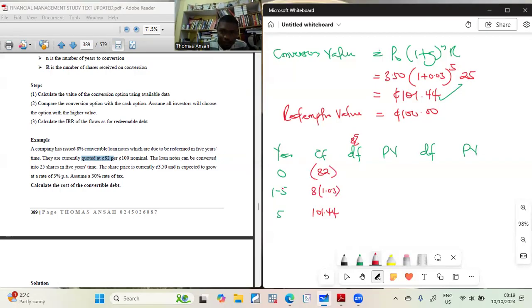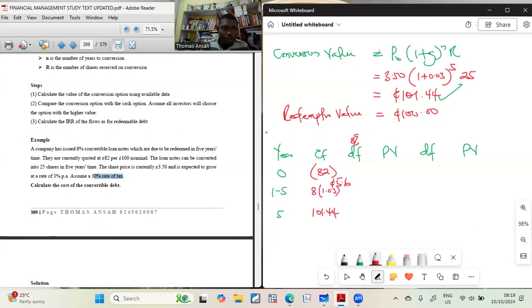That is 5.6. So the figure we'll be using here is 5.6, because our tax is 30%, that is 0.7, and 0.7 by the coupon interest, the cash flow interest. Don't forget that.